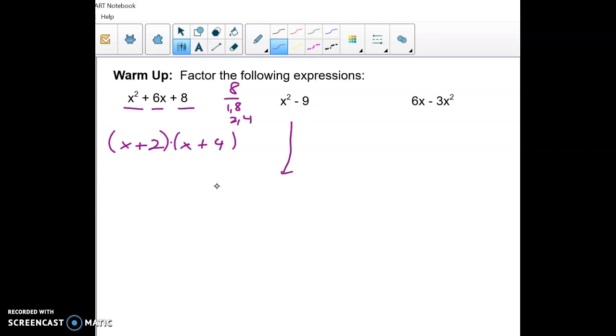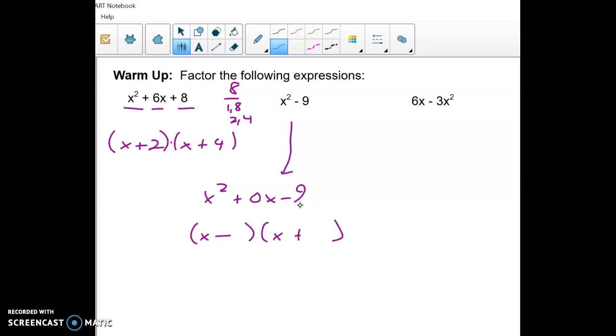Okay, the second one is actually kind of similar in a way, except we have 0x in the middle. So when we factor this one, we still have x and x here, but then they've got to multiply to negative 9 and add to 0. If it multiplies to negative 9, there's one negative, one positive value.